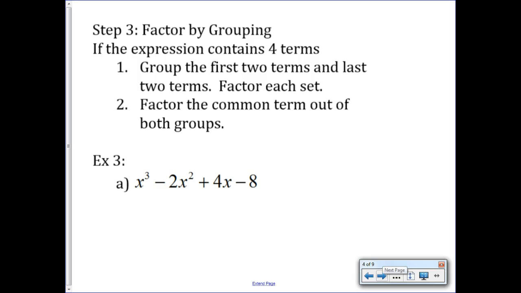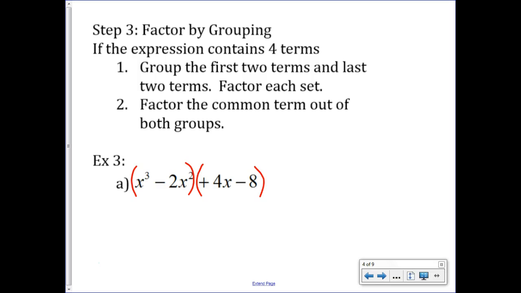All right, then step 3, we would look at factoring by grouping. So if the expression contains 4 terms, we group the first 2 terms and the last 2 terms, and we factor each set. Then we factor the common term out of both groups. So I'm going to look at the first 2 terms here and the last 2 terms.